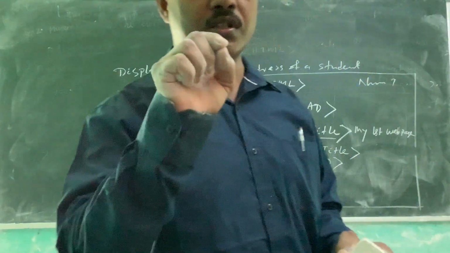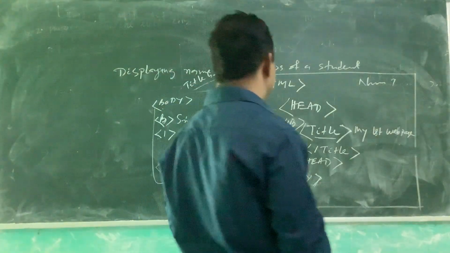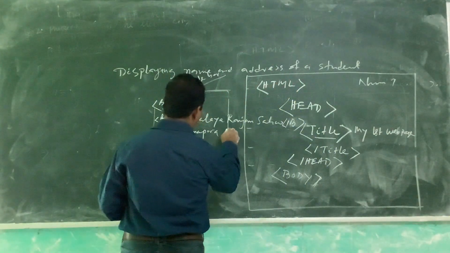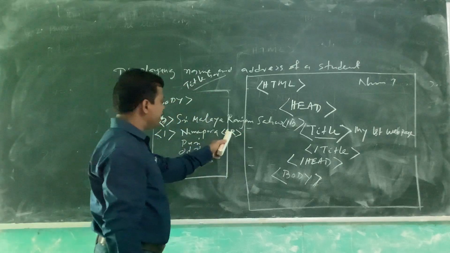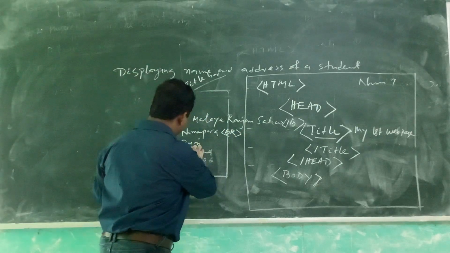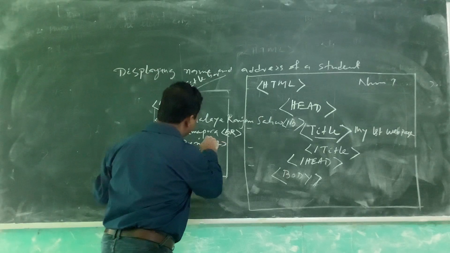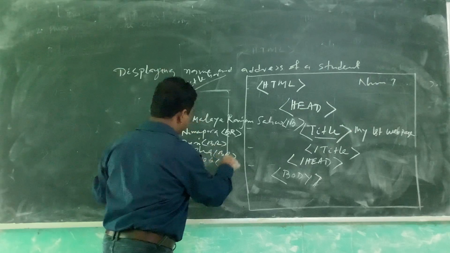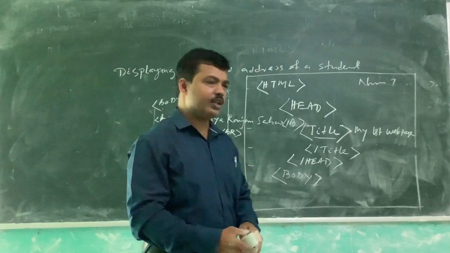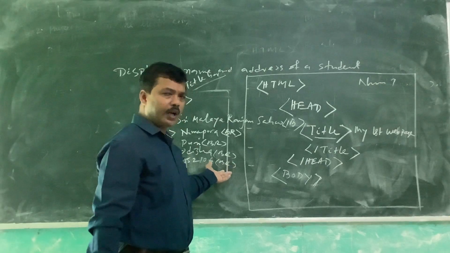So what to do? You just type the break tag. Remember, I have already told you. You just type here break. It creates a new line. Then Puri will be written. Then again use the break tag. Again use the break tag. Again use. So these lines, and the last one is not required.